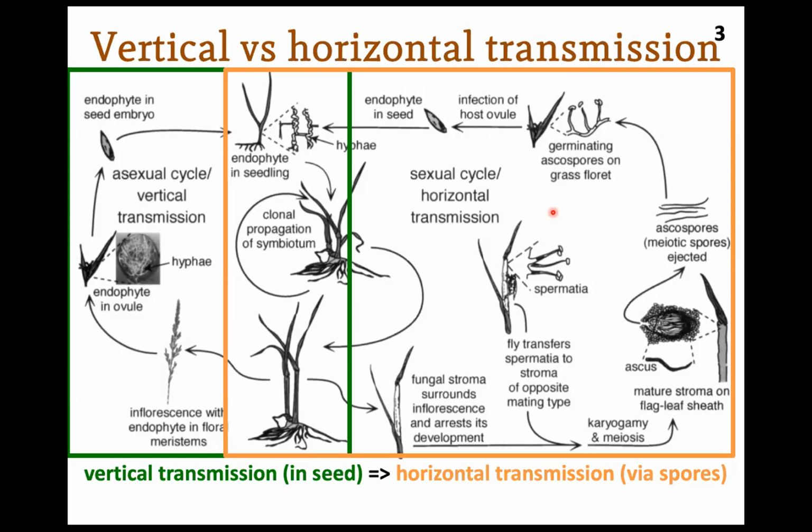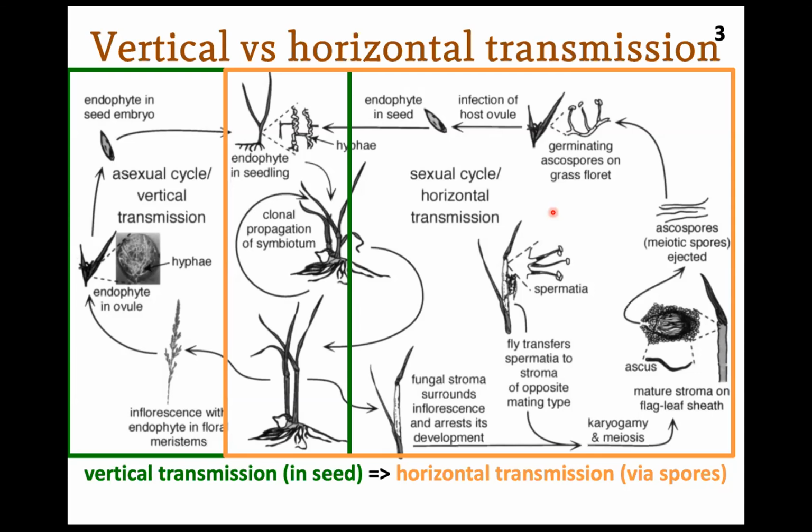And when they do this, they will produce the ascospores, and the ascospores can float around, and eventually they can be introduced into a different host grass. And so they can kind of inoculate or infect a different host grass, and therefore be transferred from one grass individual to another one, not just through descent from parents through to progeny. And so that's what's meant by horizontal transmission, jumping across to different host grasses.